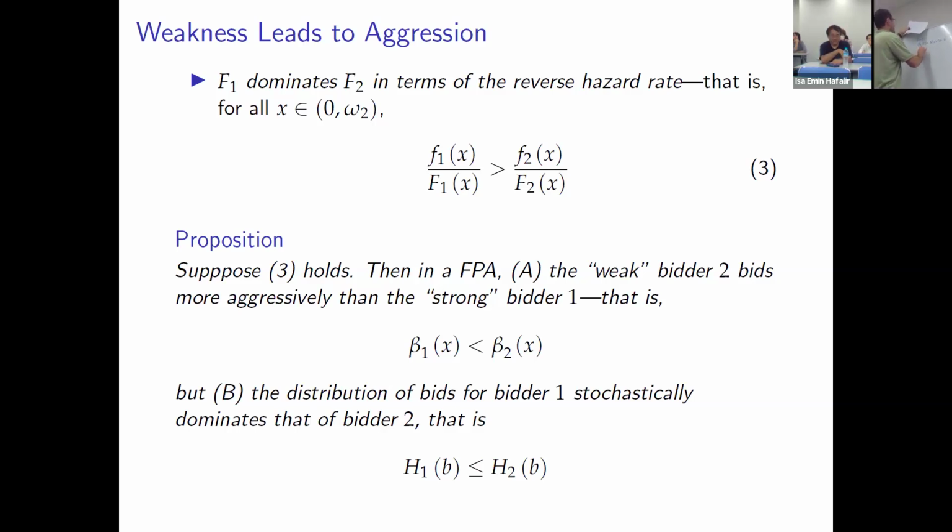Then phi 2 prime of C, from the first order condition in the previous page, is going to be F2 of Z divided by small f2 of C, because remember this was F2 of phi 2 of C, which is Z, times 1 minus Z minus C. And phi 1 prime of C is similarly F1 of Z divided by small f1 of C times 1 minus Z minus C. Okay.